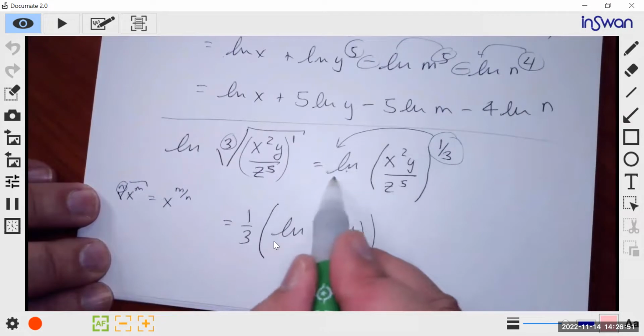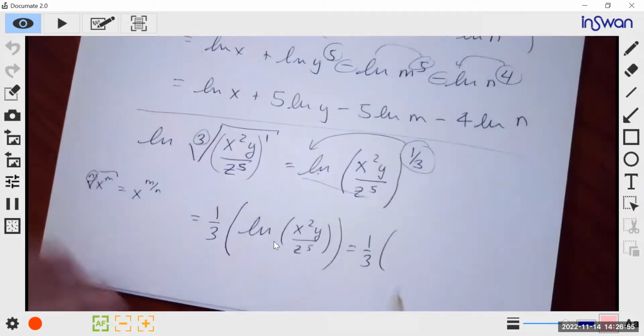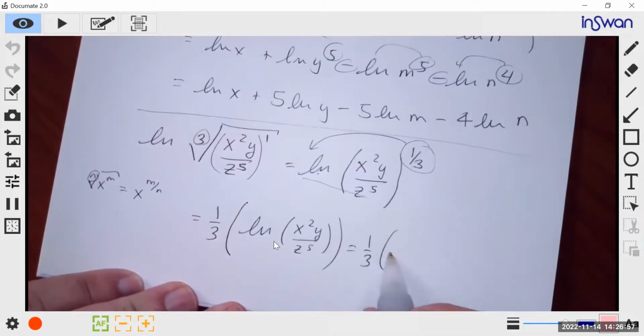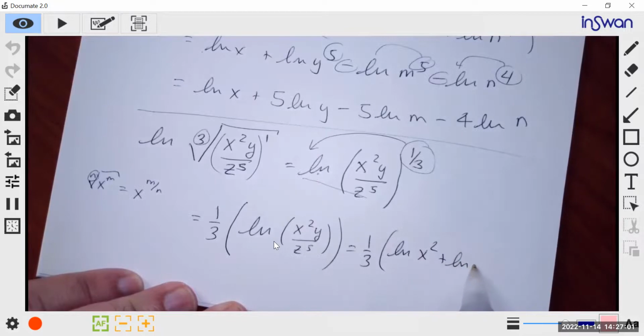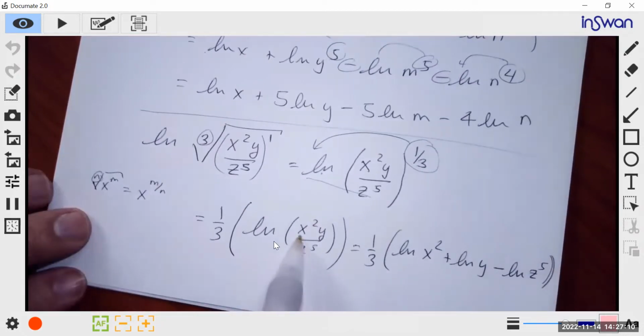So I took care of that. Now I got to do the ln of these. So I have ln x squared plus ln y minus ln z to the fifth. If it's on top, it has a plus, if it's on the bottom, it has a minus sign in front of it.